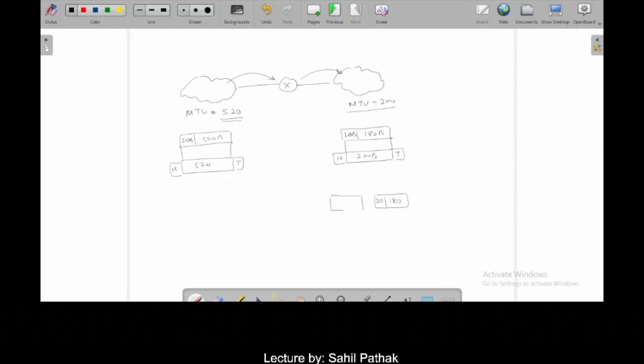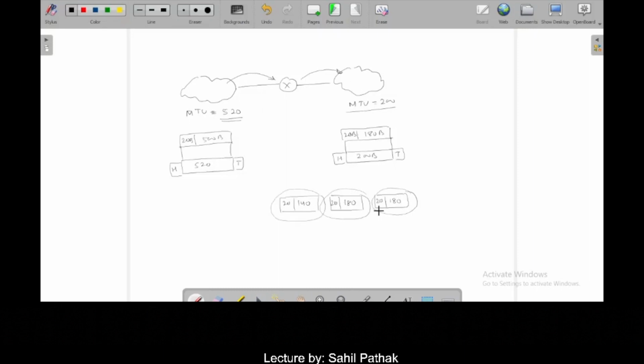Then further, how much data are we left with? Again we can have 180, and 20 byte of header will be attached. So maximum 200 MTU will be here. And then how much are we left with? As of now 360 bytes of data is given, so we are left with 140 bytes of data, and 20 bytes of header will be attached. So you can see that these three fragments will be received by network 2.